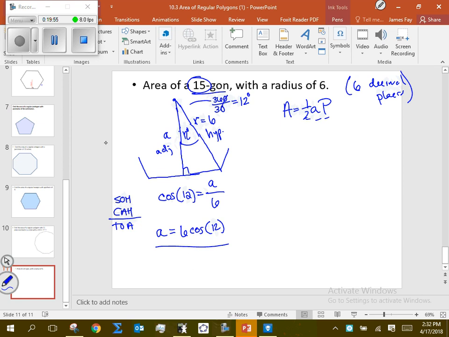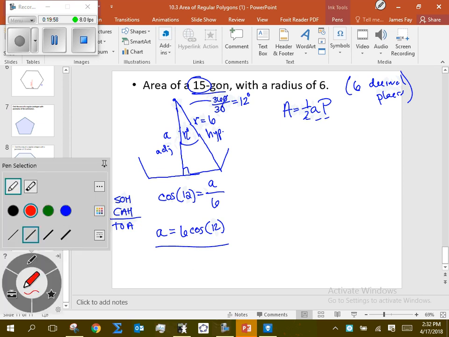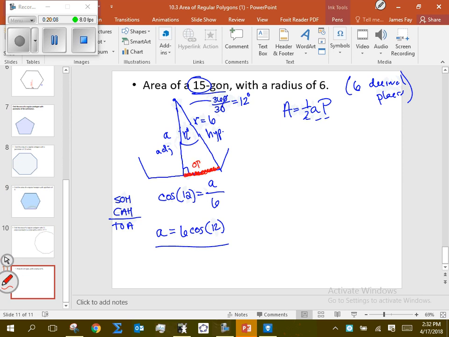Can I do the same type of thing to find that distance right there? Sure. Okay. Now, why would I need to find that distance? Okay, because that's half of this bottom side, right? And if I can find that bottom side, isn't that one step away from finding the perimeter? Okay. So, if I look at the 12, can I say that sine of 12 is equal to opposite over hypotenuse?